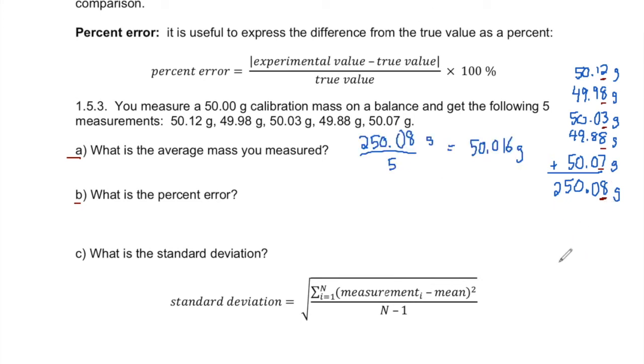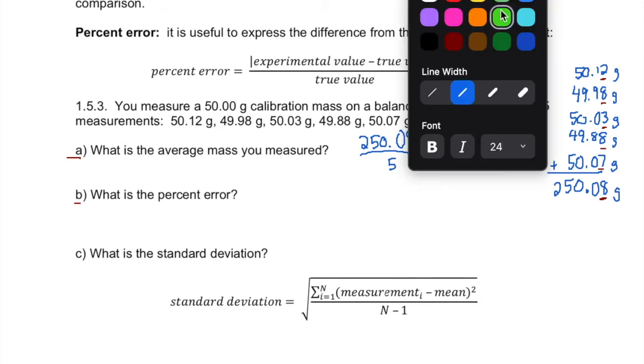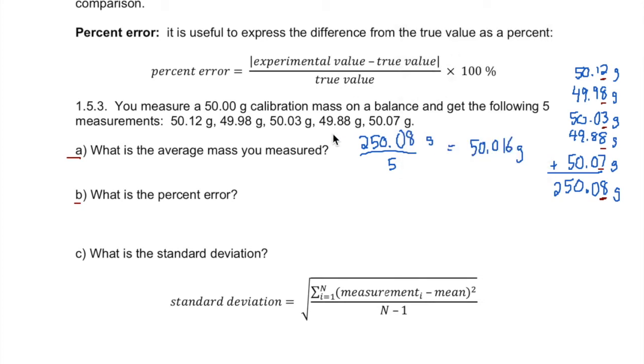So we have 50.016 grams, and we can keep all 5 of the significant digits in this case because we have a number with 5 significant digits in our numerator and an exact number in our denominator, infinite significant digits, so we can keep 5 significant digits in our average.